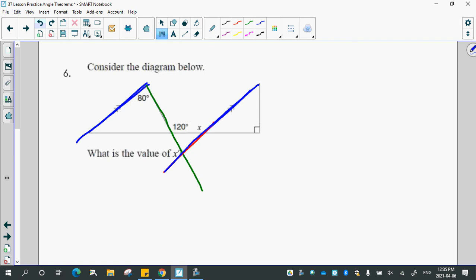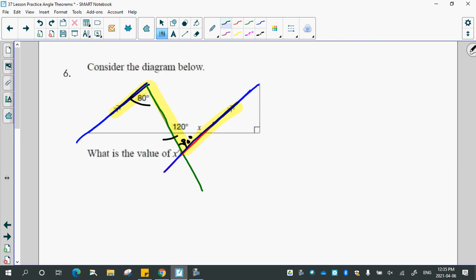Can I make a Z? Yes, I can, but that puts the 80 degrees here, right? Does that help me towards getting X? That's 80. It's a Z pattern, so the underarms of the Z are the same. You could find the supplementary to what?